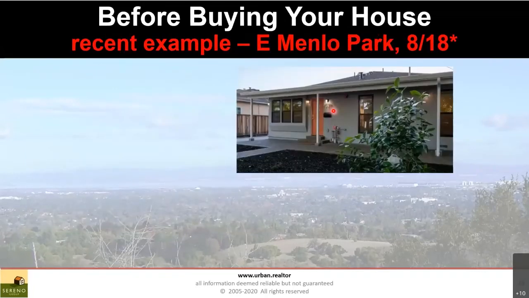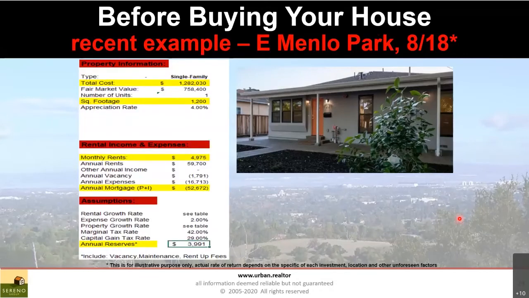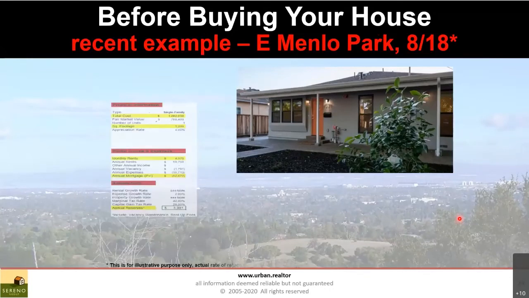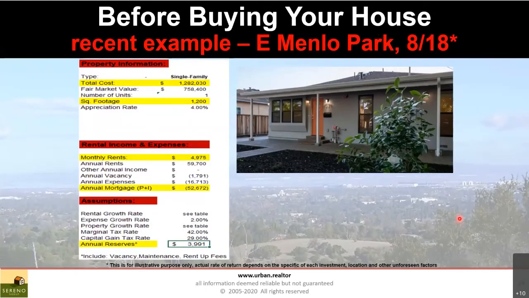This is another example that we personally, the Urban family, bought back in 2018. This is in East Menlo Park. It was a 1,100 square feet, 3-bedroom, 1 bath house, and we turned it into a 3-bedroom, 1,200 square feet, 2.5 bath, and we're renting it right now to students.